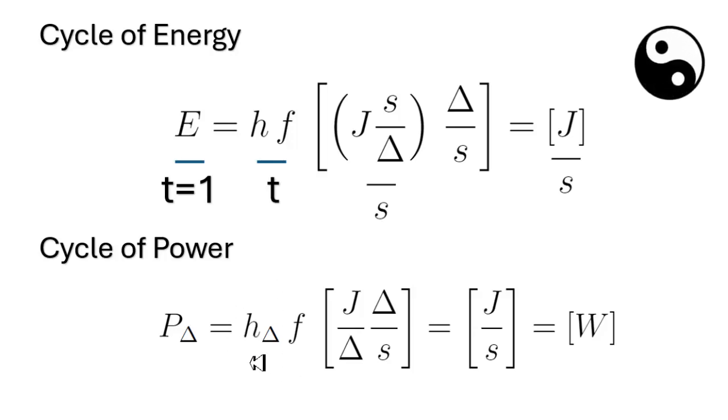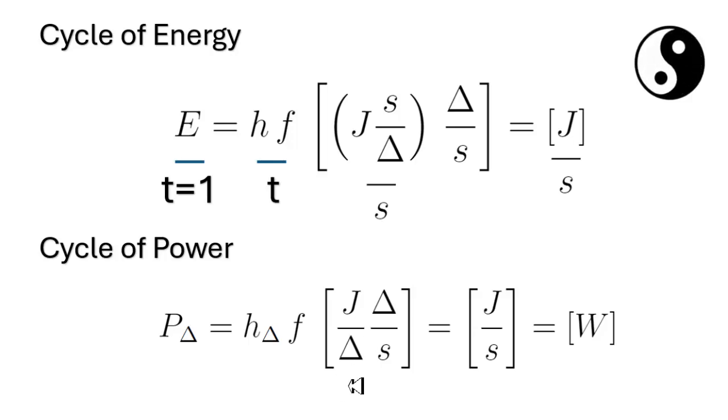Okay, and so the other thing we're going to do here is, in the power equation, because Planck's constant technically has new units, joules per cycle, instead of joules times second per cycle, the energy of one wave period, it is joules per cycle, the energy per cycle, which is basically the same thing. So the energy of one wave period is the same as the energy per cycle.